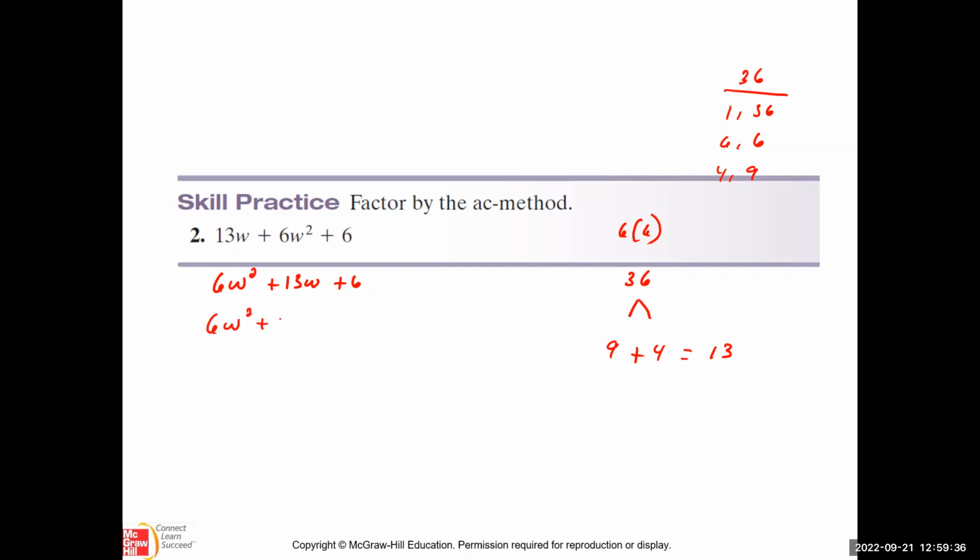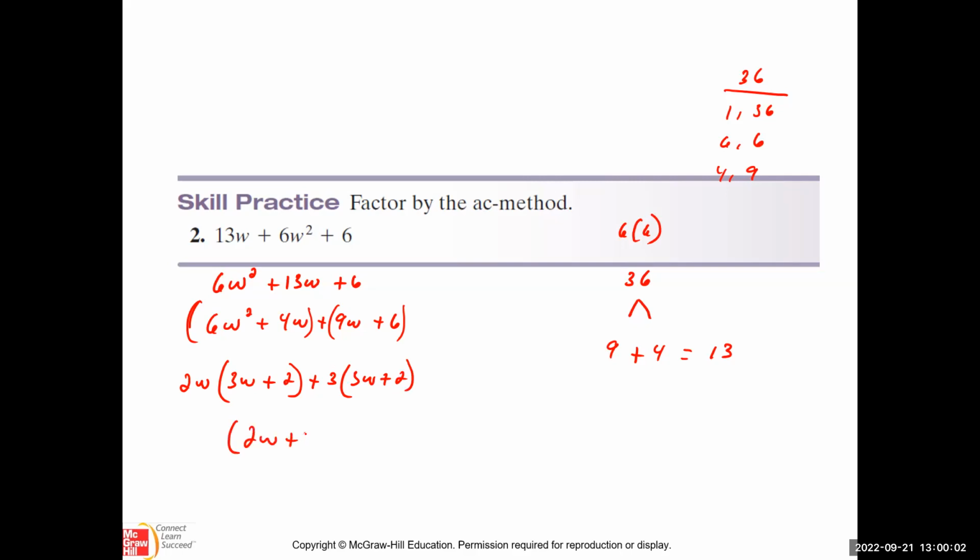And so here I'm going to do the 4w, the 9w plus the 6. Hopefully now the rest of it goes smooth and no more mistakes. So here I can take out a 2w, which is going to leave me with 3w plus 2. Here I can take out a 3, which is going to leave me with 3w plus 2.